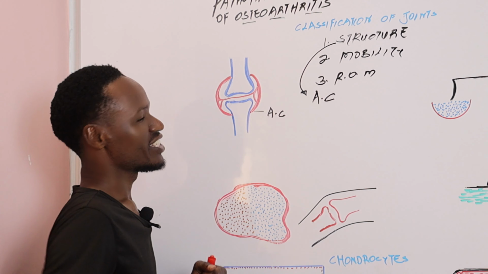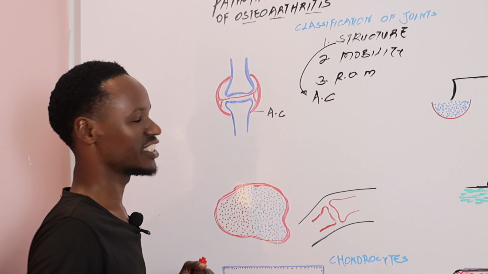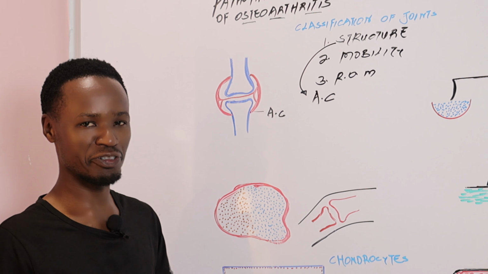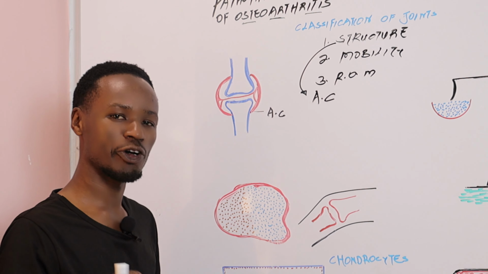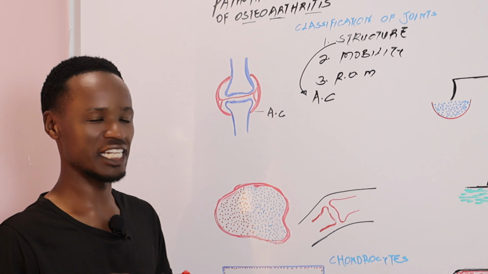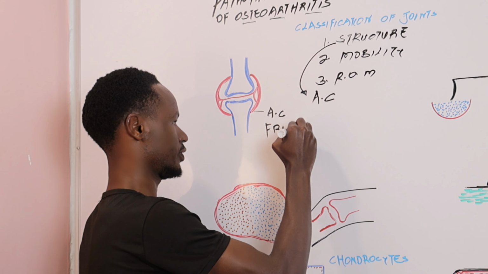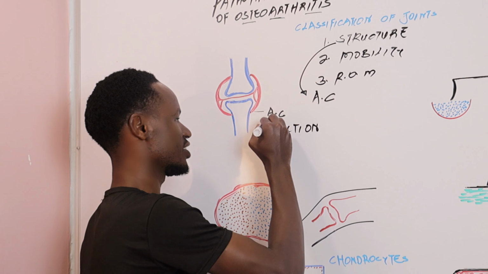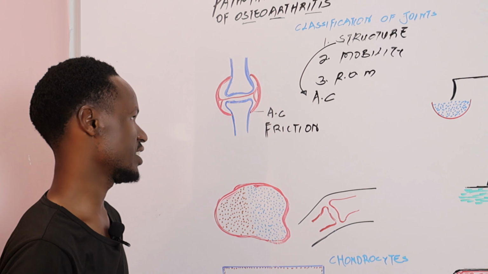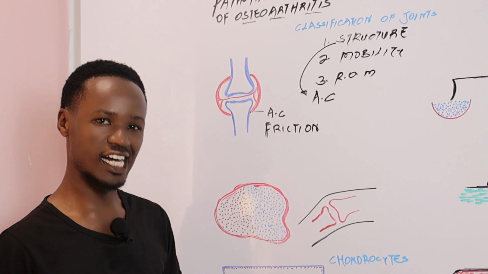The job of this articular cartilage is to keep these two bones in a joint separate from one another and allow these two bones to glide against each other by eliminating friction.